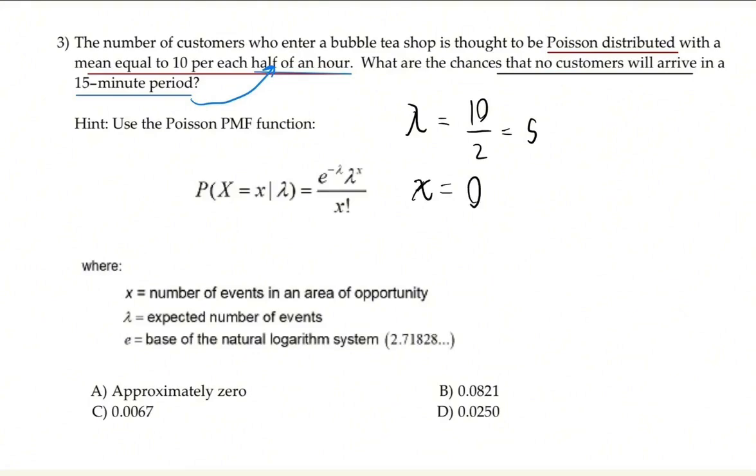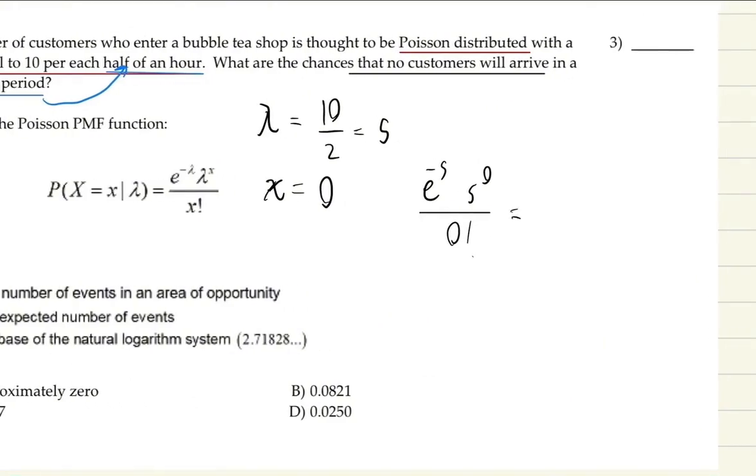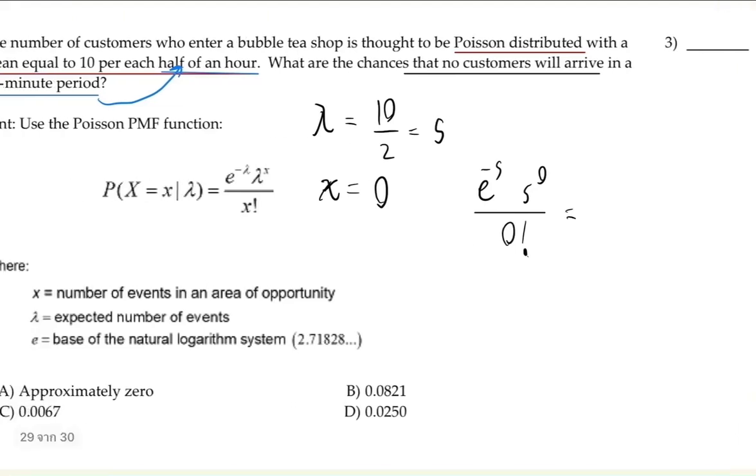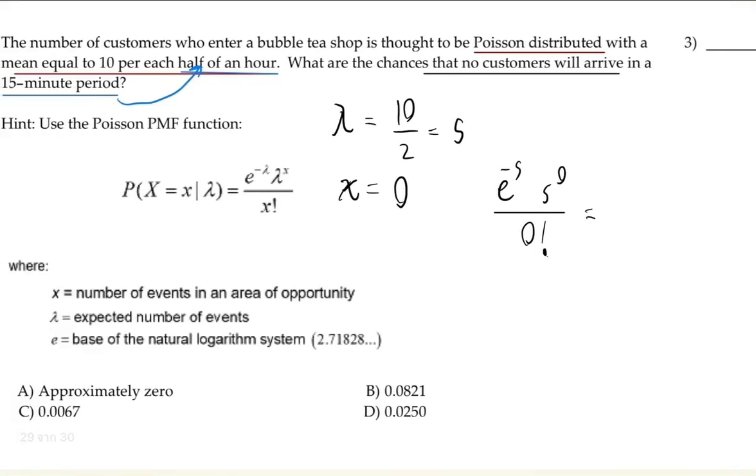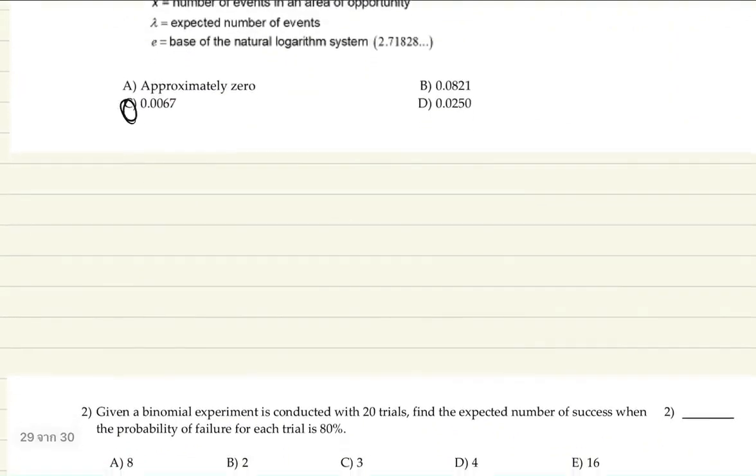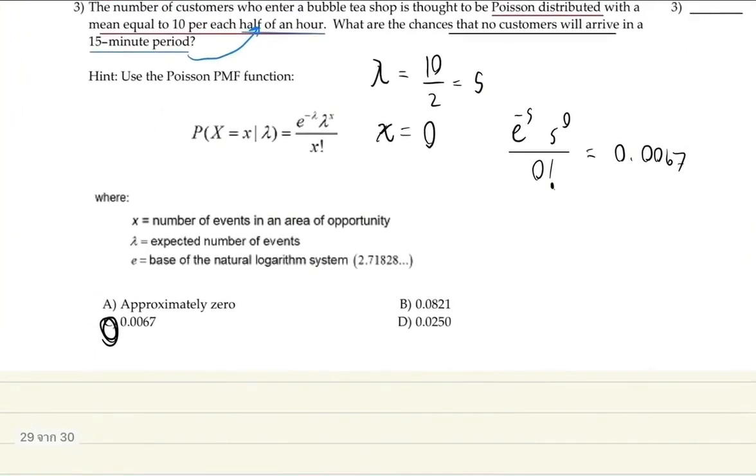We get e, based off the natural logarithm system, 2.71828, to the power of negative 5, times 5 to the power of 0, divided by 0 factorial. You can use a calculator, and the answer should be 0.0067. So let's move on.